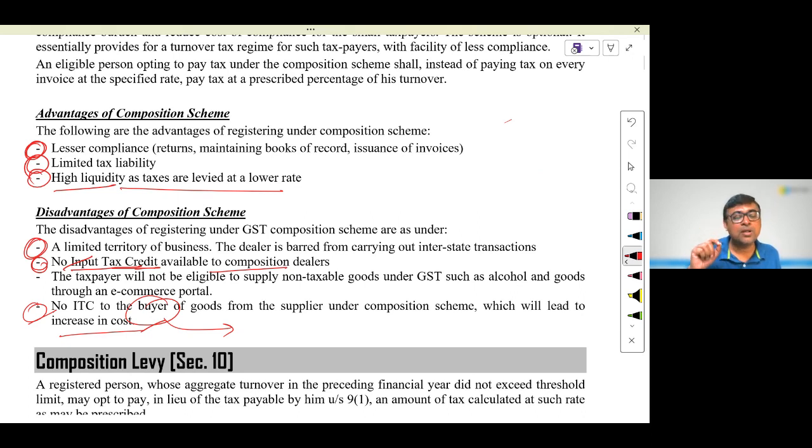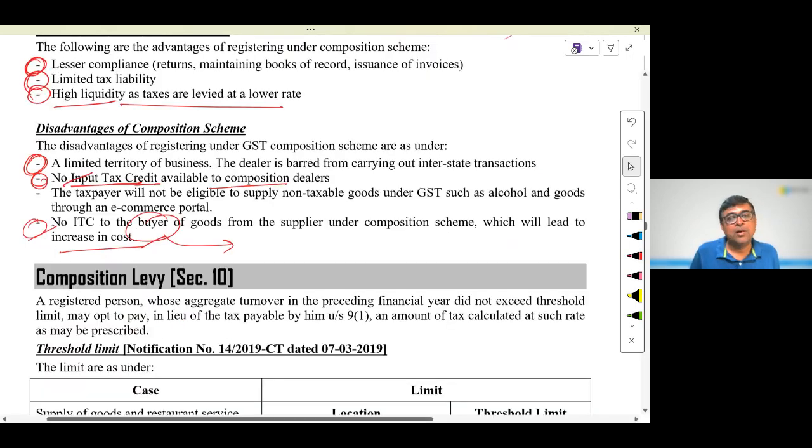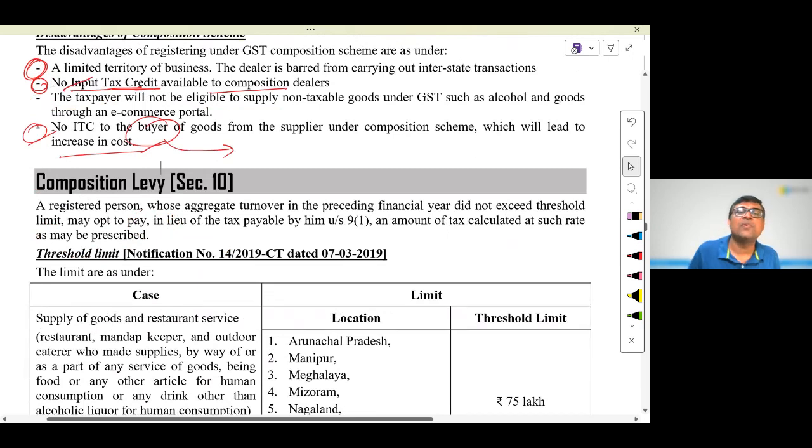Your buyer is not eligible to take ITC. You are supposed to pay tax from your own pocket. Okay. Although these type of situations are there, still for some small taxpayer, this scheme is beneficial.